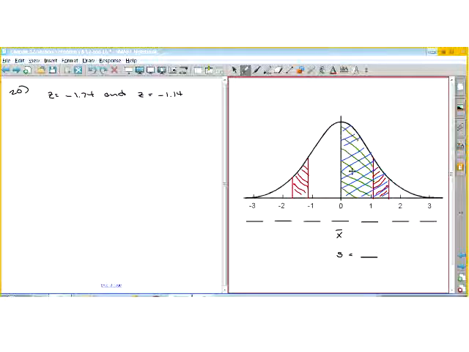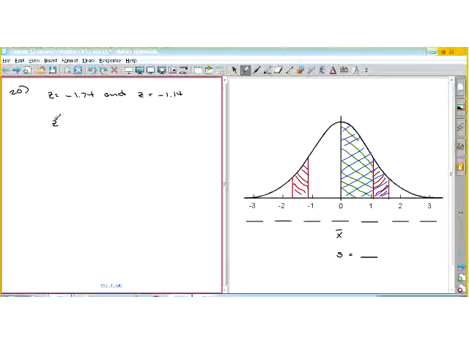So the red area is the blue area minus the green area, and that area is equal to that area. Now, if these were both positive, it would be the same. So if I asked it between z equals 1.14 and z equals 1.74, I get the same number, same area. Okay.